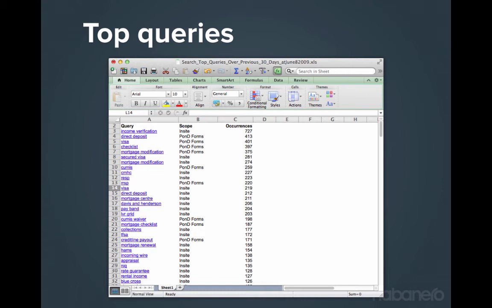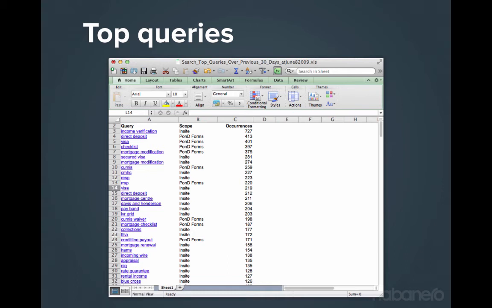One of those simple reports was the top query report. You can see very simply the queries and the number of times each occurred. If you're advanced and have access to this information, you can enhance this by adding columns for the number of click-throughs per query, because that shows whether that query and result set is effective, or maybe not if the number of click-throughs is low.